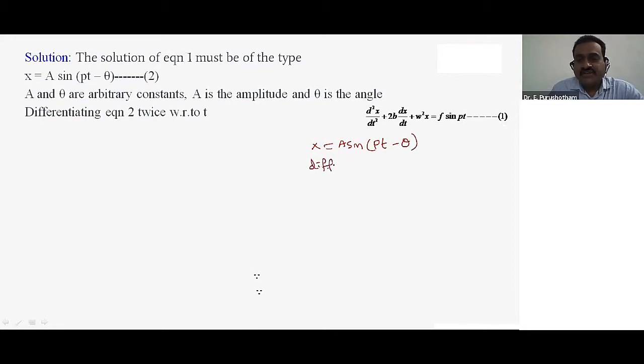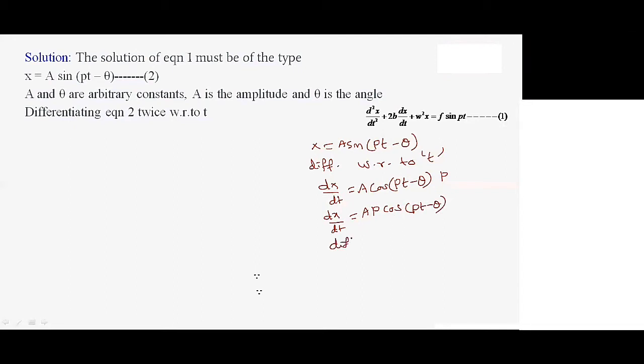First differentiating with respect to t, we can write dx/dt is equal to the constant A times d/dt of sin, which gives cos(pt − θ), times d/dt of pt, that is p. So dx/dt is equal to A p cos(pt − θ).